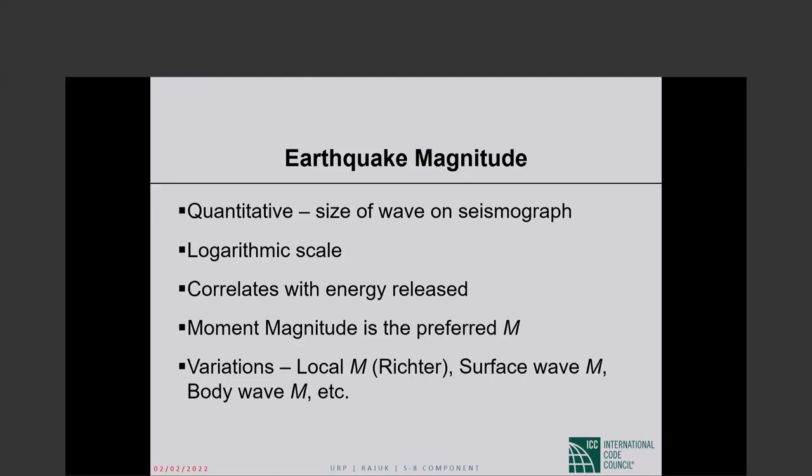There are many magnitude scales. These days, this so-called moment magnitude is what is preferred, but the Richter or local magnitude, surface wave magnitude, body wave magnitude, all of those are in use. And agencies like U.S. Geological Survey, for the same earthquake, will give you 3, 4 different magnitudes, okay? Different scales, I mean. And each of them is defined.